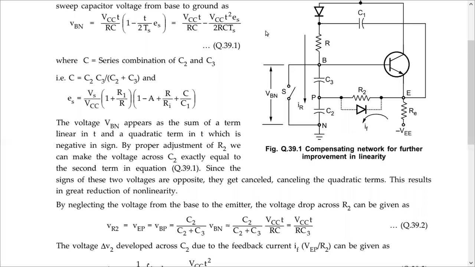So what will be the voltage across this particular capacitance? It will be VBN multiplied by this, just by using the voltage division rule. What does the voltage division rule say? The total voltage multiplied by one impedance divided by the sum of those two impedances.